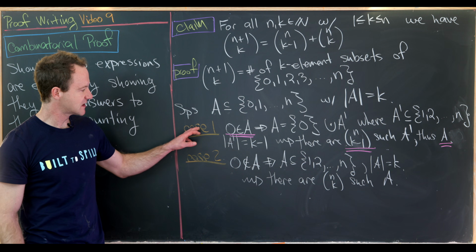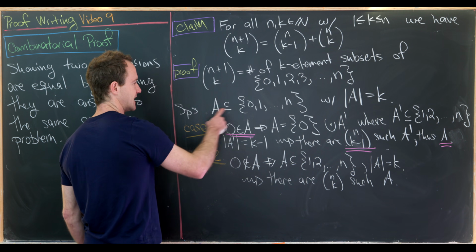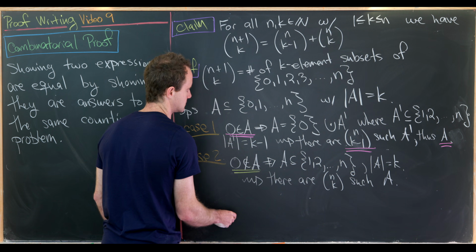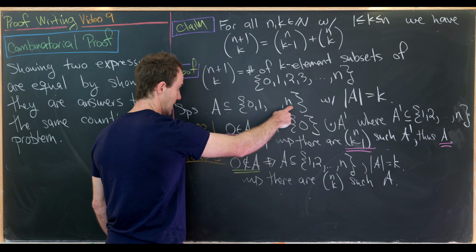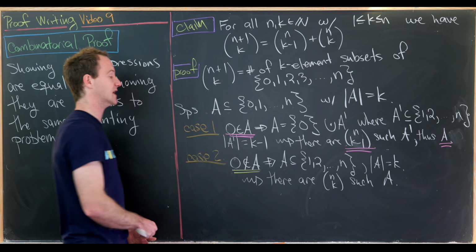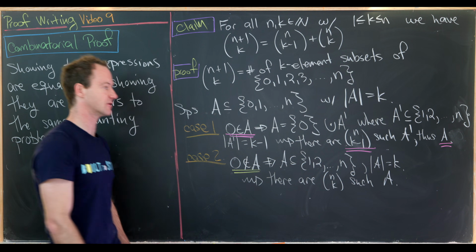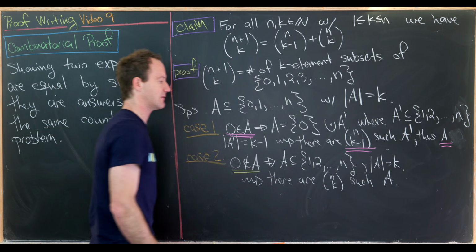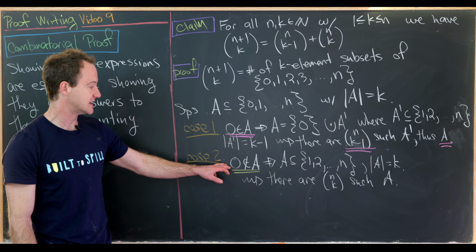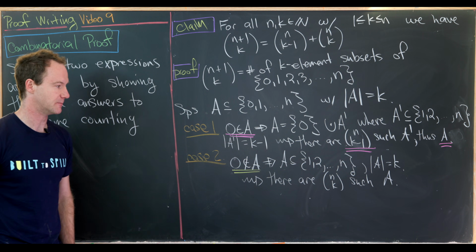Great. But this covers all different cases. So if we have a subset of 0 to n, then it either contains 0 or it does not contain 0. In the case that it contains 0, there are n choose k minus 1 of them. In the case that it does not contain 0, there are n choose k of them.